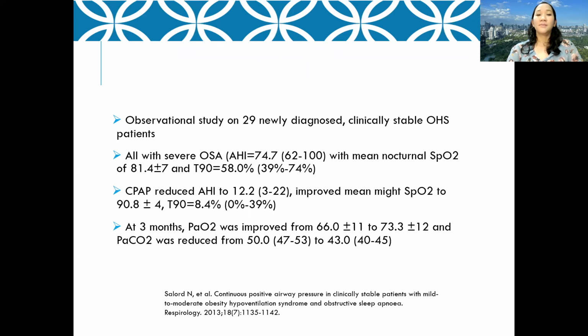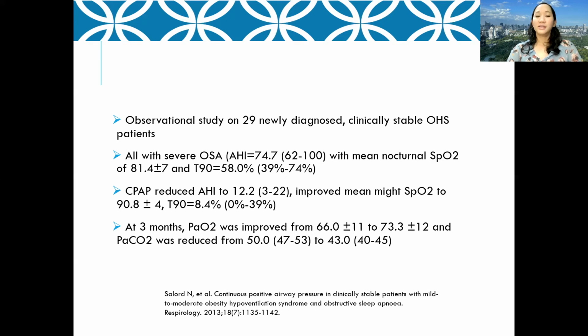So this study is an observational study of 29 patients with OHS, and it tends to be more on the severe side, AHI 74, and mean nocturnal saturation of 81 with the T90 of 58%.